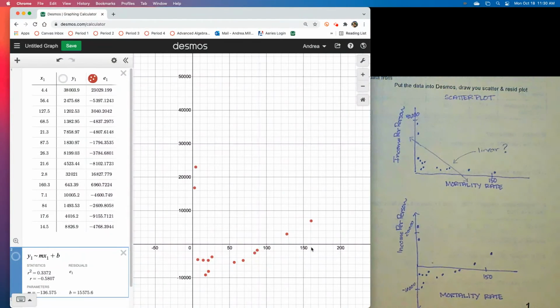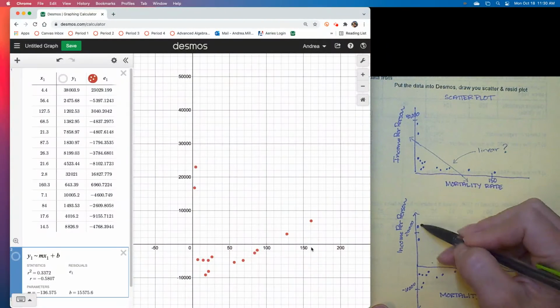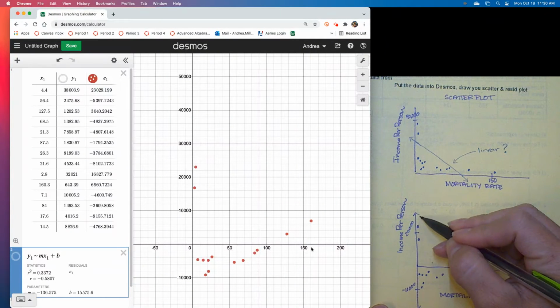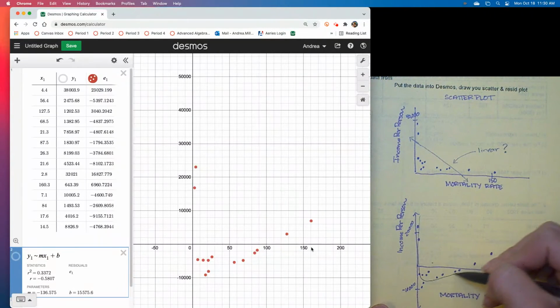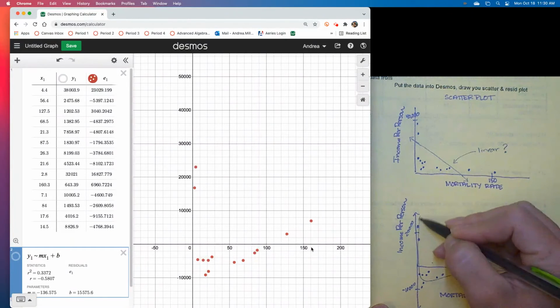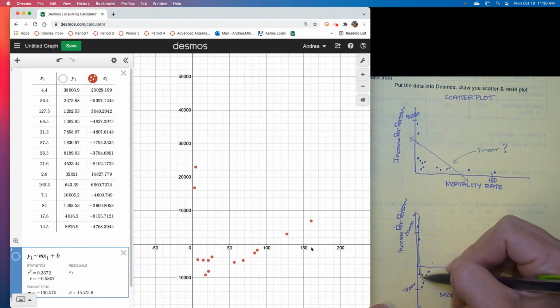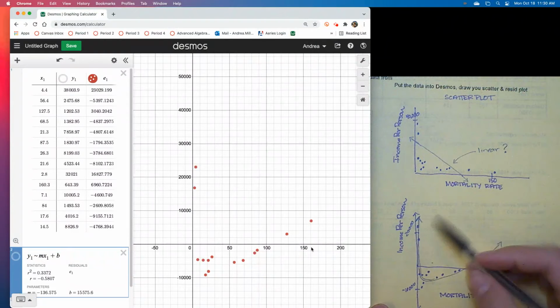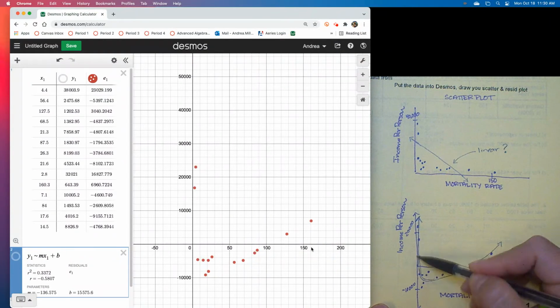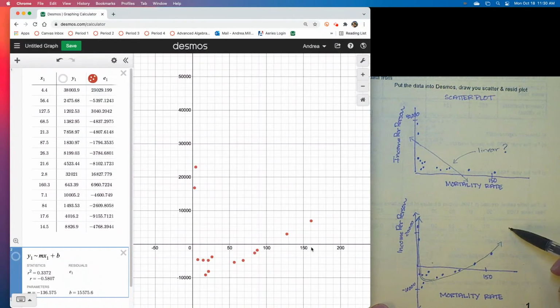Okay. Now, what I'm noticing in the pattern of these residuals, like I was talking about, is that they make almost like a U shape, or a curve that drops below the x-axis and then comes back up and around.